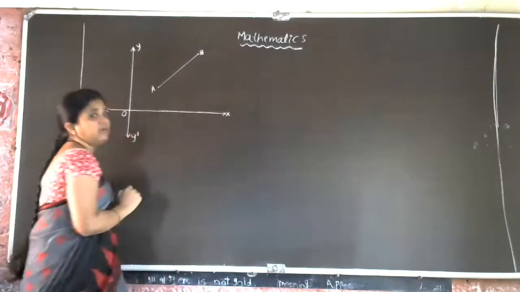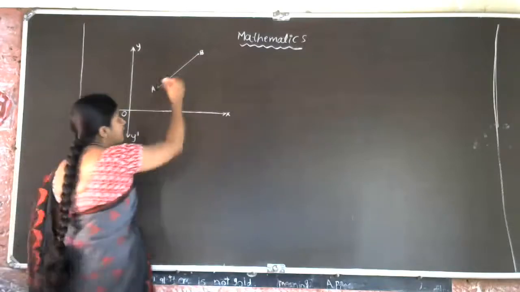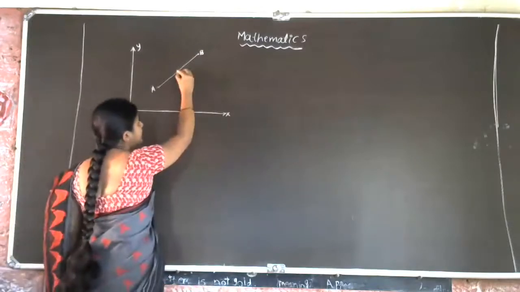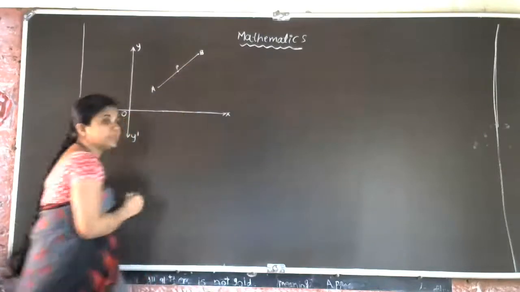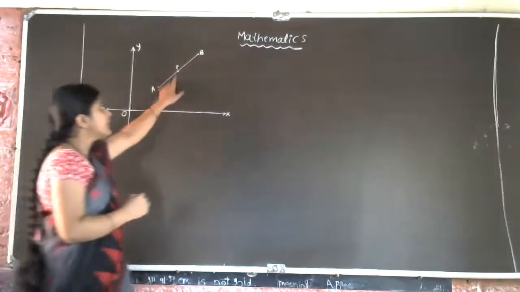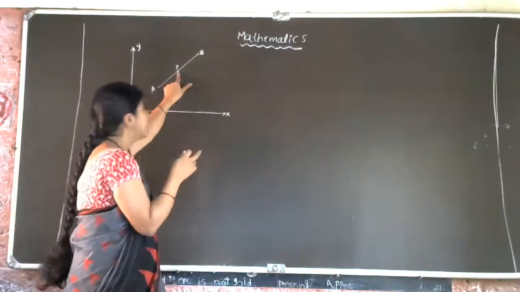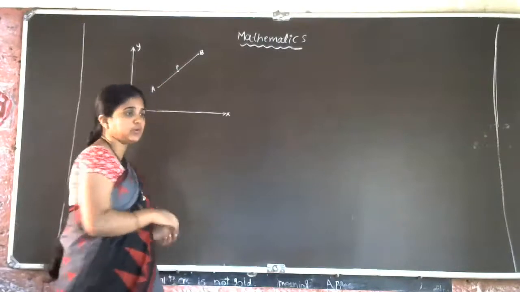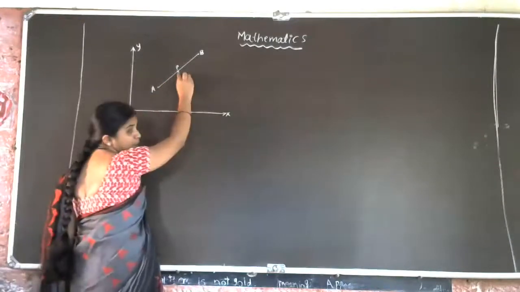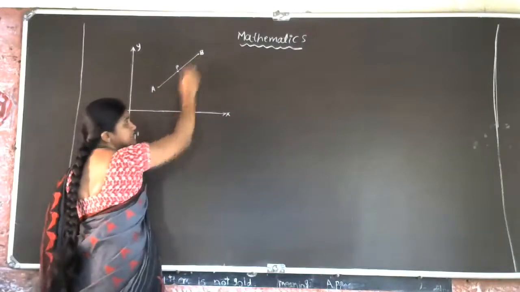Now in this class, if I take one point in between A and B, we'll call it P. When we locate the point P on the line AB, it divides the line into two sections in some ratio.